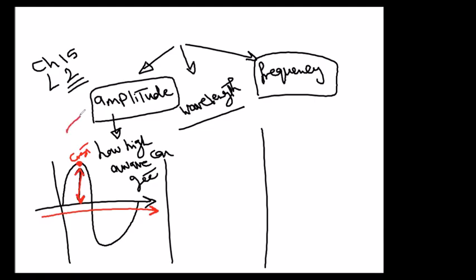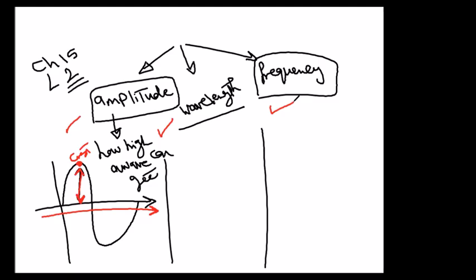It's talking about the wave properties. We have amplitude, wavelength, and frequency. Amplitude, again, is how high a wave can get. But this is not the scientific definition we need. It's just a definition to make it easy for you guys.